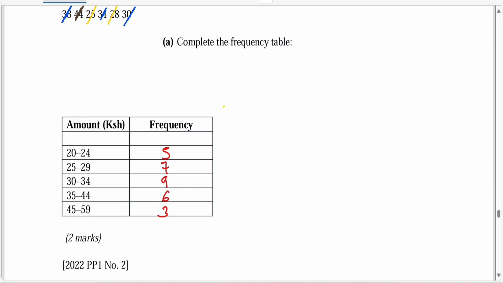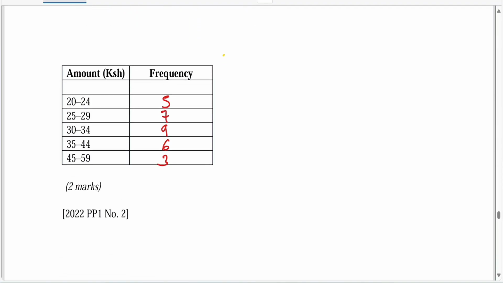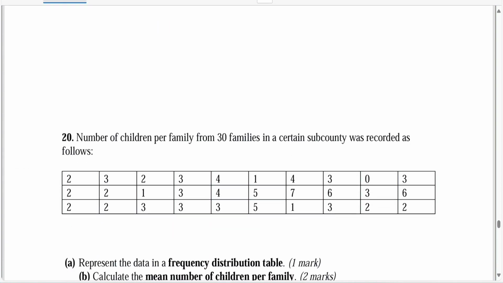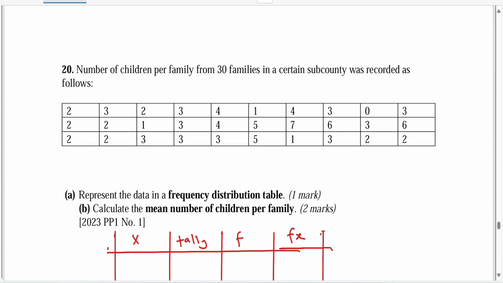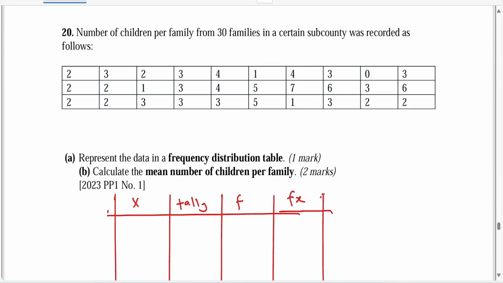So 5, 7, 9, 6, 3, and it should add up to, I think, 30. 12 plus 9, 21 plus 9. Yeah, 30. So simple. So the question was that. Okay. Didn't know the question was that simple. Just complete the frequency table. I think maybe the question had some other thing about graph or histogram.